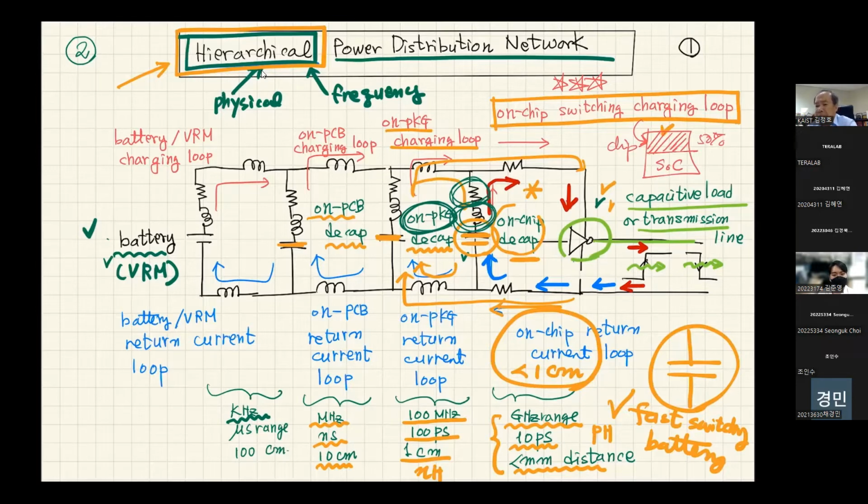In this slide, I'm giving you an idea and basic concept of hierarchical power distribution network design. This hierarchy is a very important concept with respect to physical design and frequency allocations.